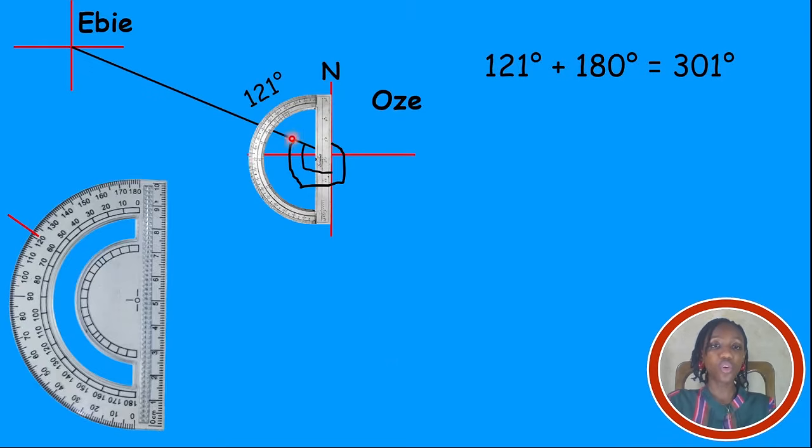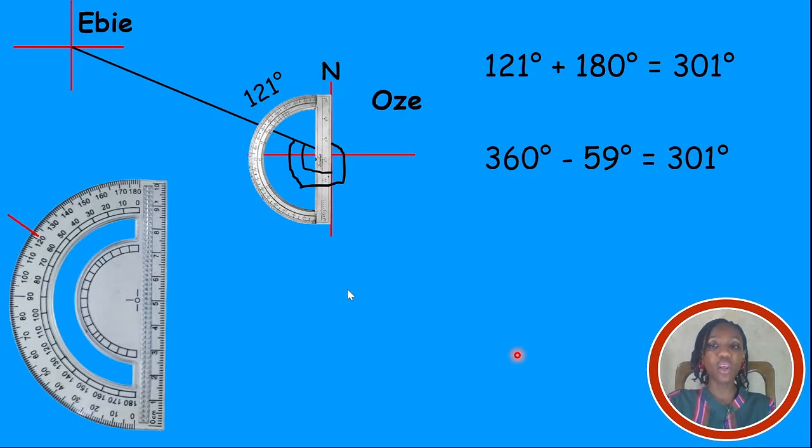Now, 121 degrees, this is what we've gotten here, that is the angle from the line up to this place here, plus 118 degrees, since you guys know that the total angle on a straight line is 180 degrees. So that's how we have 121 degrees plus 180 degrees. Or the second way is if we do 360 degrees minus 59 degrees, giving us the same 301 degrees.